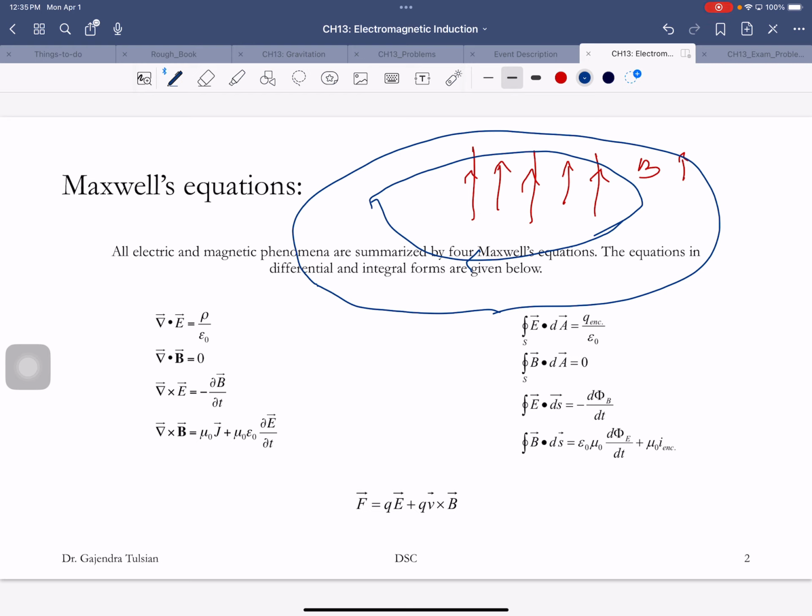Just looking at this equation, how long does this electric field live? This is non-zero as long as dB by dt is not zero, as long as the magnetic field is changing. As soon as the magnetic field stops changing, this electric field dies.